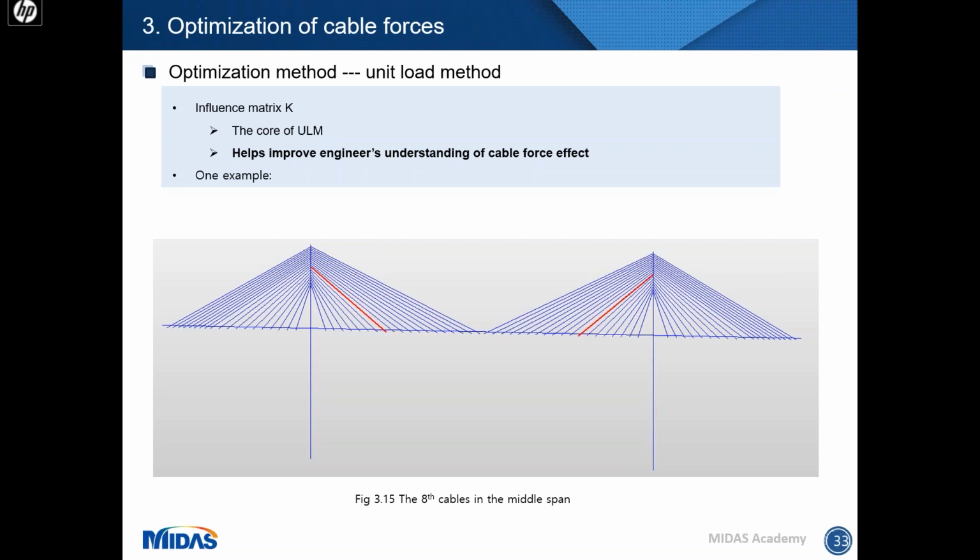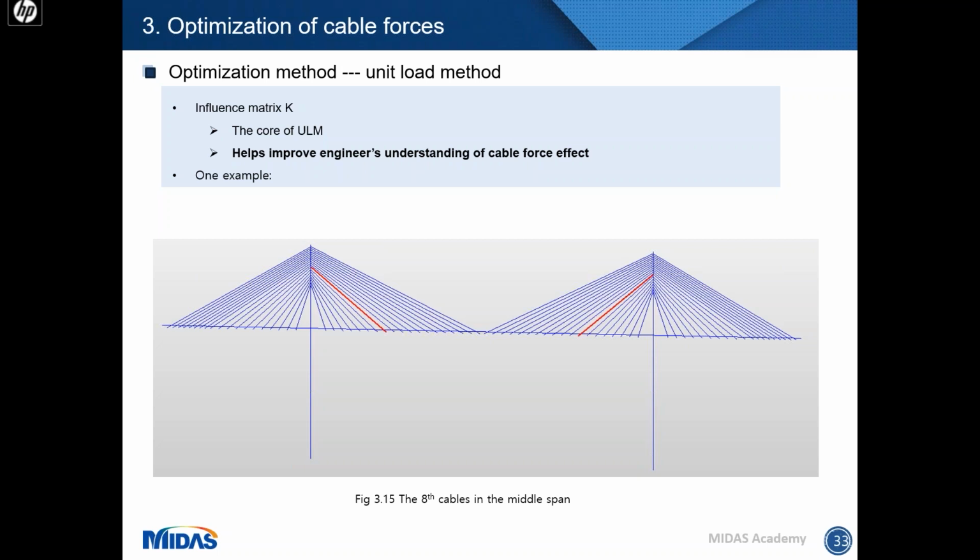During this process, we deepen our understanding, and then next time we do a design, we will know how to adjust the cable for some purpose. For example, if I find some large deformation and I want to reduce it, then I know which cable to adjust and how to adjust.